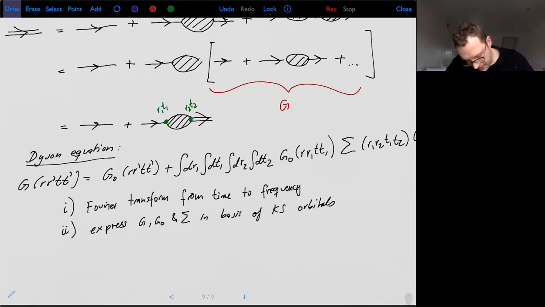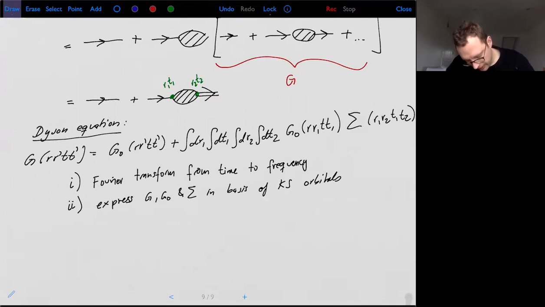So what does that mean? So let's first look at G0. So I look at this expression where I basically sandwich the Green's function between two Kohn-Sham orbitals.